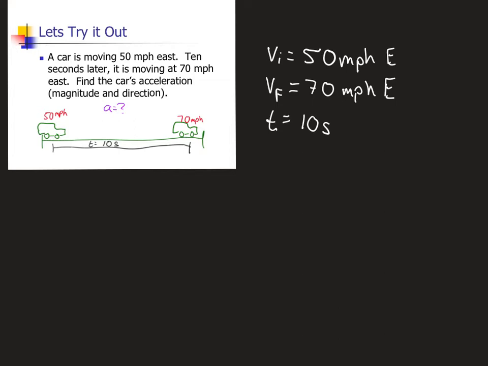Now, we are also told to find the acceleration. Looking at the equations that we have so far, we have speed is equal to distance divided by time. We have velocity is equal to displacement divided by time. And we have acceleration is equal to v sub f minus v sub i divided by time.